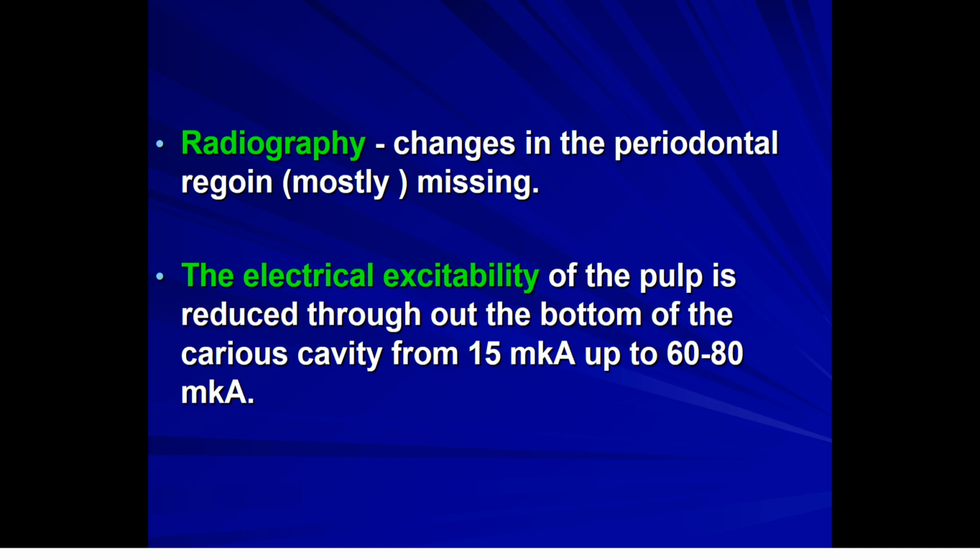Radiography. Changes in the periodontal region are mostly missing. The electrical excitability of the pulp is reduced throughout the bottom of the carious cavity, from 15 microampere up to 16 to 80 microampere.